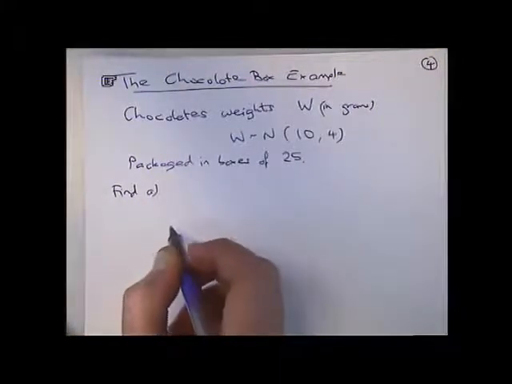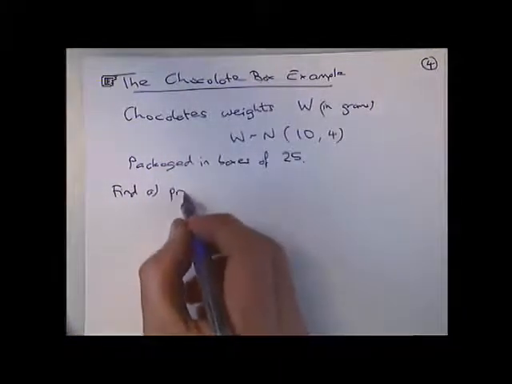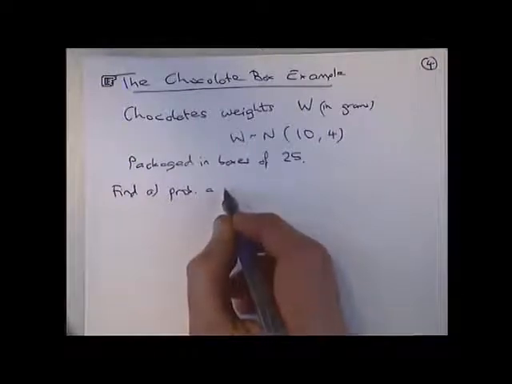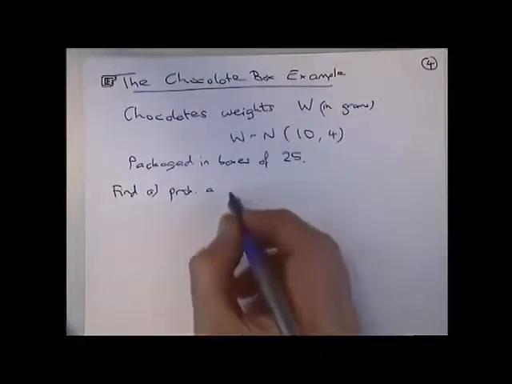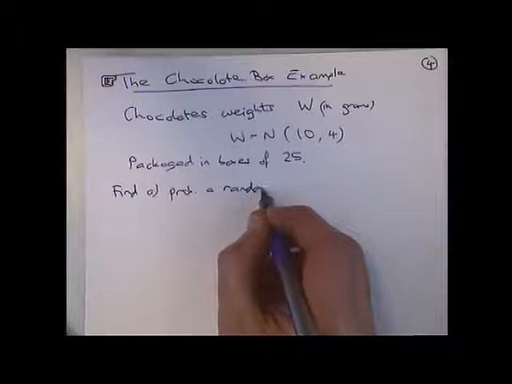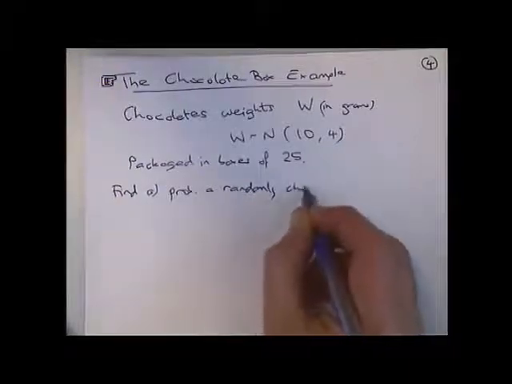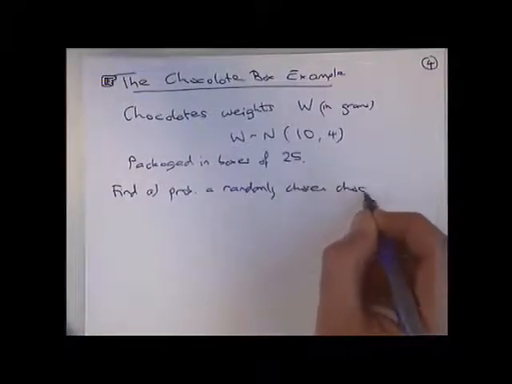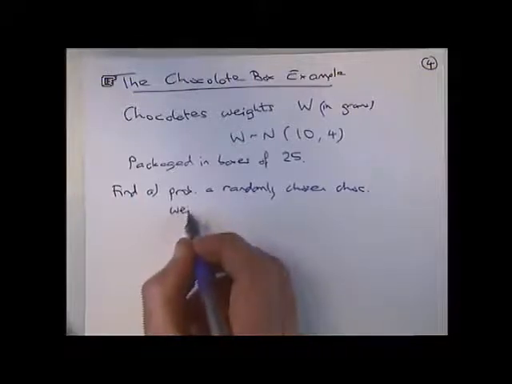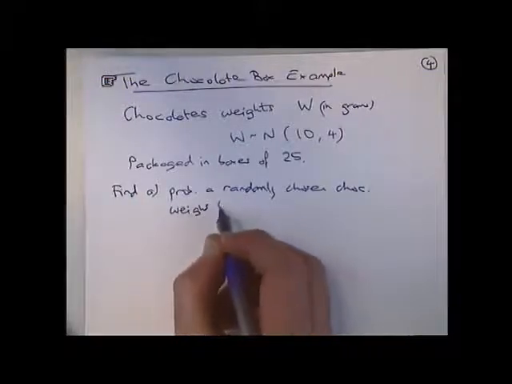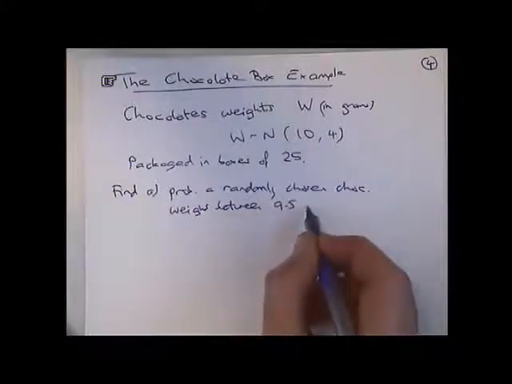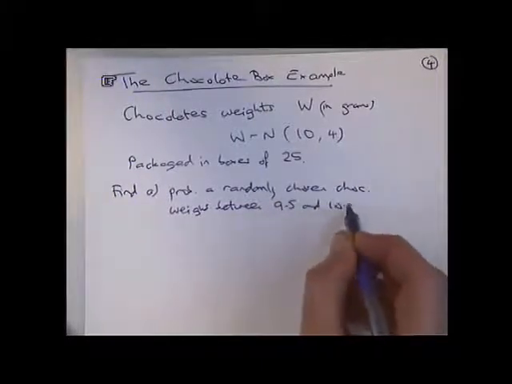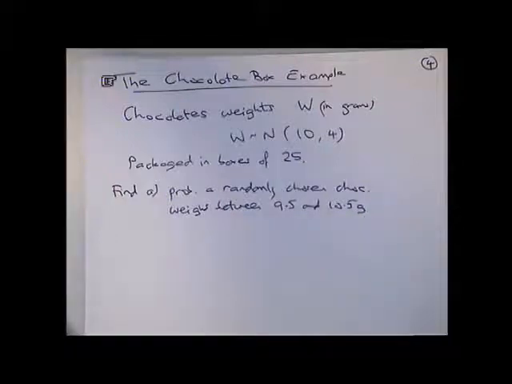Part A, we are going to find the probability that a randomly chosen chocolate weighs between 9.5 and 10.5 grams.